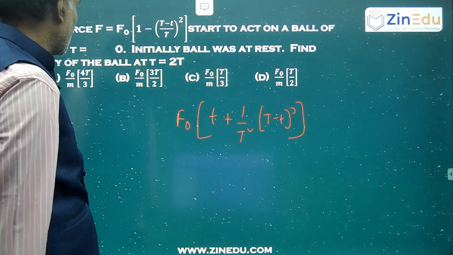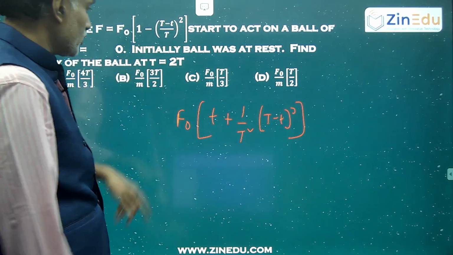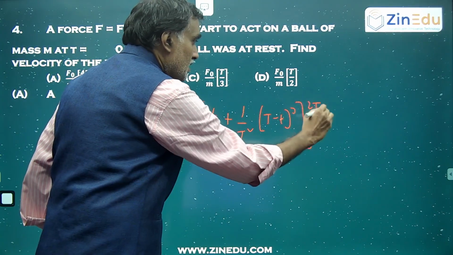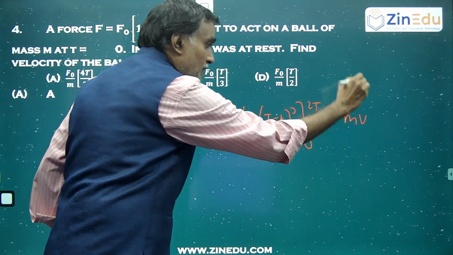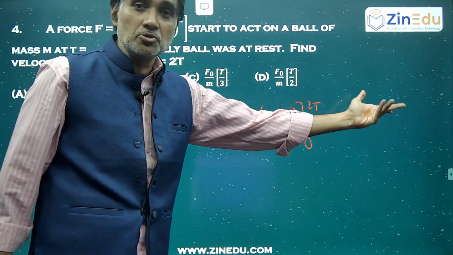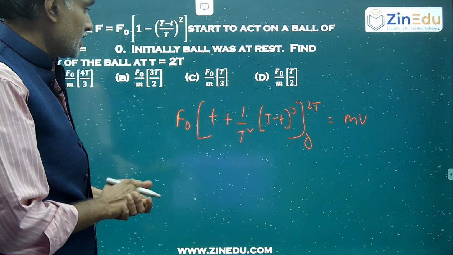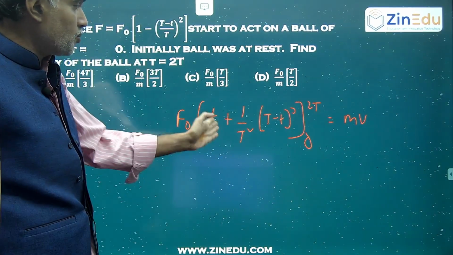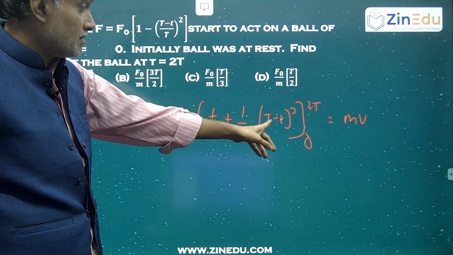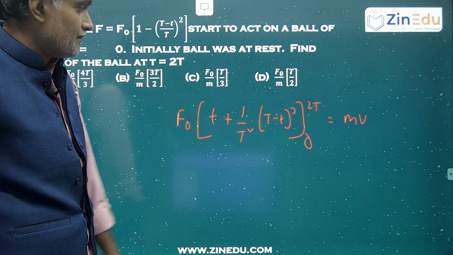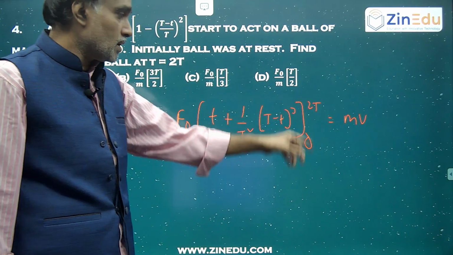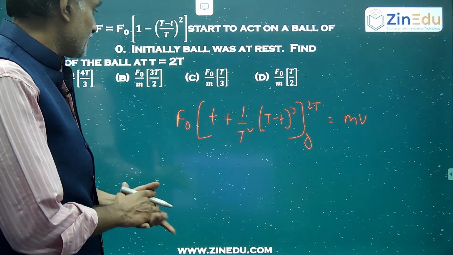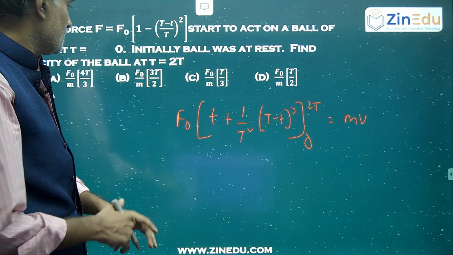This we have integrated already. Equal to mass into final velocity minus initial velocity, that's all. Then put small t equal to 2 capital T. Here how much will you get? Minus here 2T.